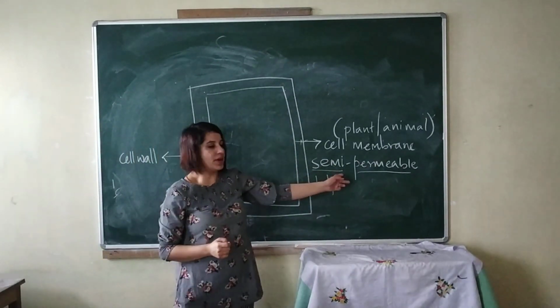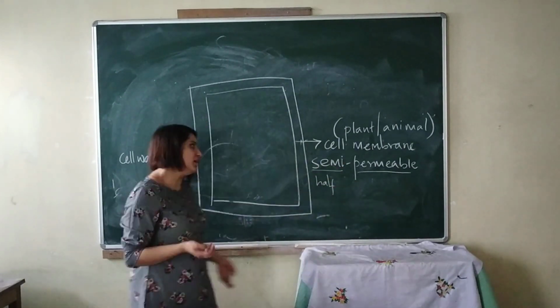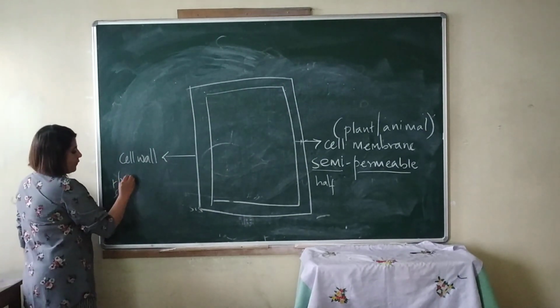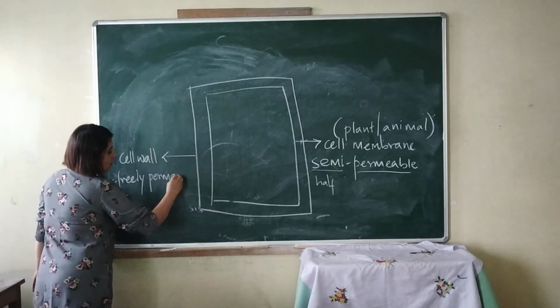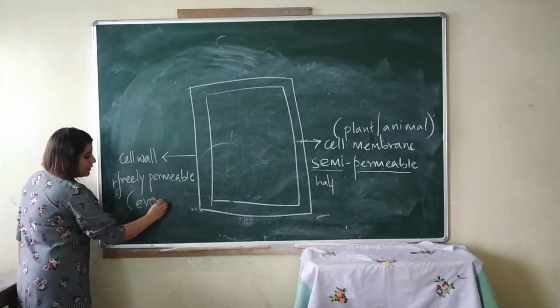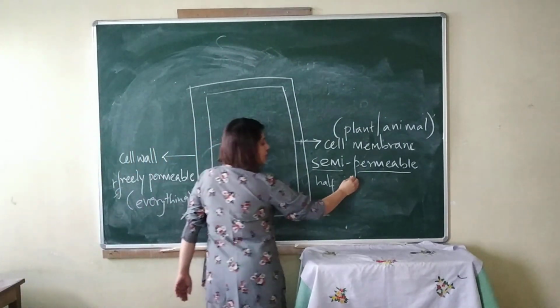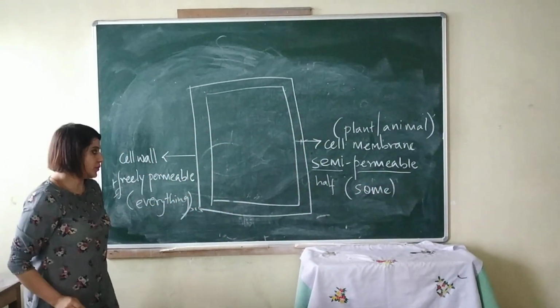Now the cell membrane was a semi-permeable membrane, whereas the cell wall is a freely permeable membrane. This means it allows everything to pass through it, whereas semi-permeable allows only some substances to pass through it.